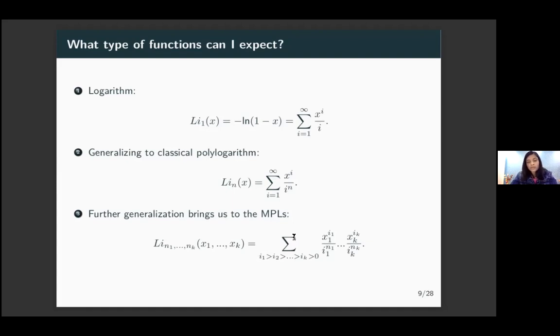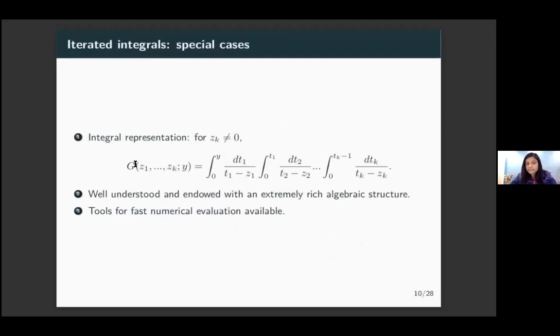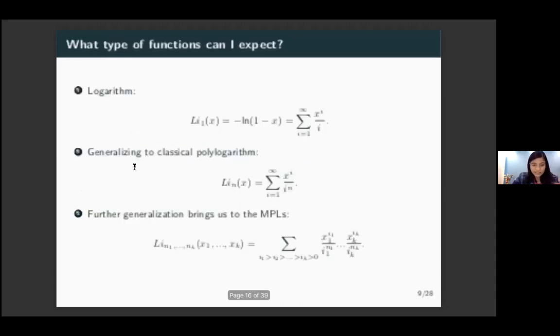So you want to have an integral representation of the same object, MPLs. And that looks like this. These G's are the integral representation for the same MPLs. Now these G's and these Li's are actually related.